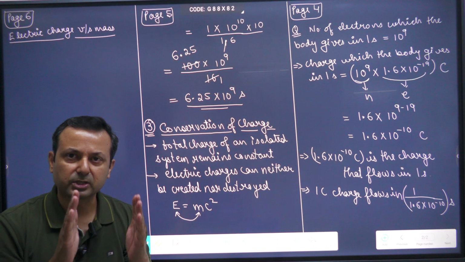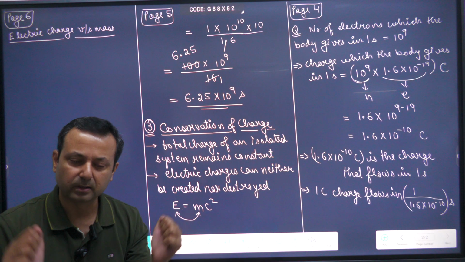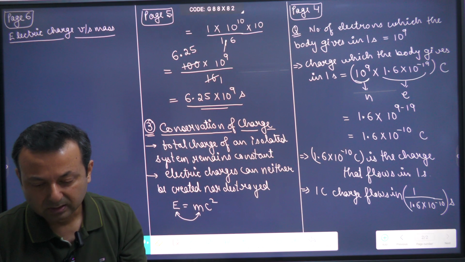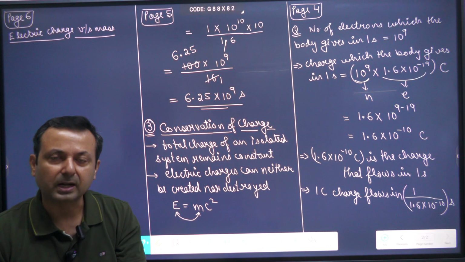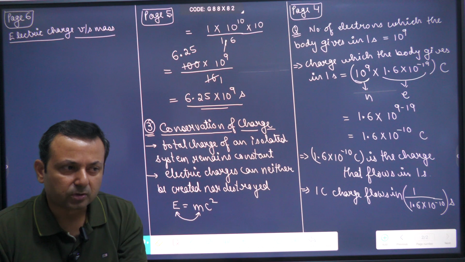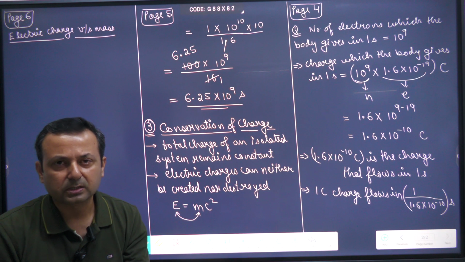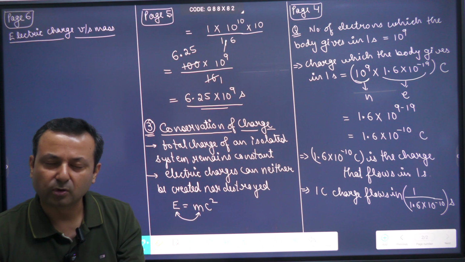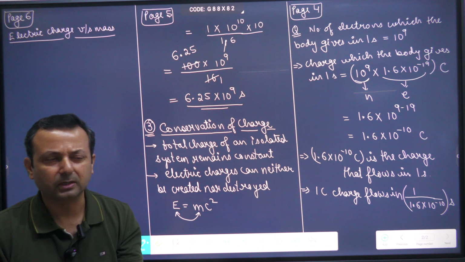And the fifth point in mass is that gravitational forces between two masses are always attractive. This is called the universal law of gravitation. So two bodies in this universe always attract each other. The force of attraction may be very small or very large, it depends.